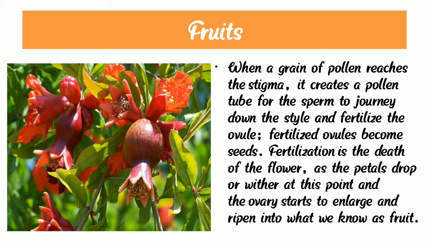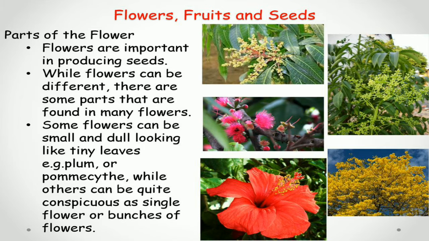As the petals drop off and wither, the ovary starts to enlarge and ripen into what we know as a fruit. Here we can see flowers growing into fruits.